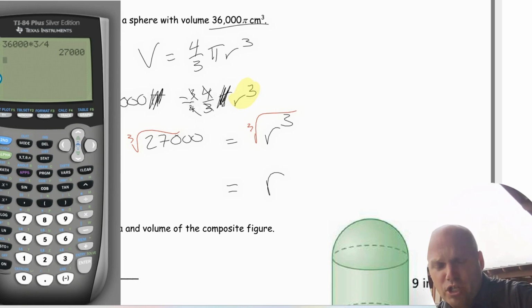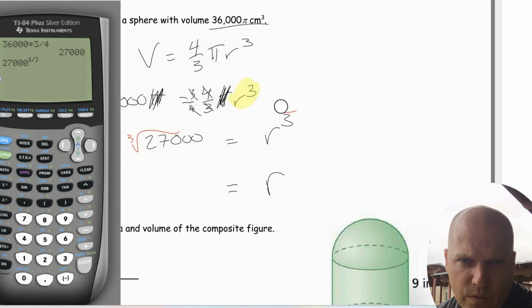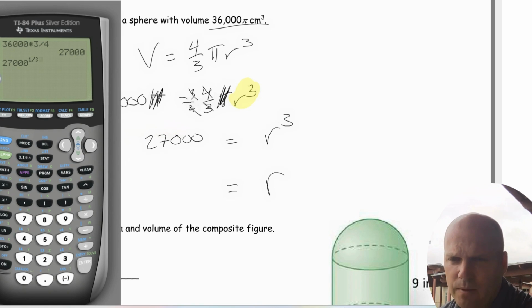So what I want you to do is take this number, 27,000, and instead of finding the cube root button, take it to the 1/3 power. A 1/3 power is essentially equivalent to a cube root, just like a 1/2 power is the same as a square root.